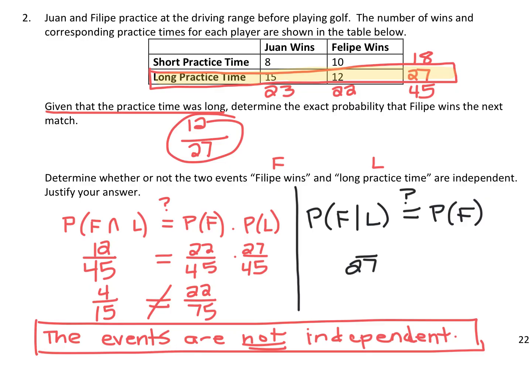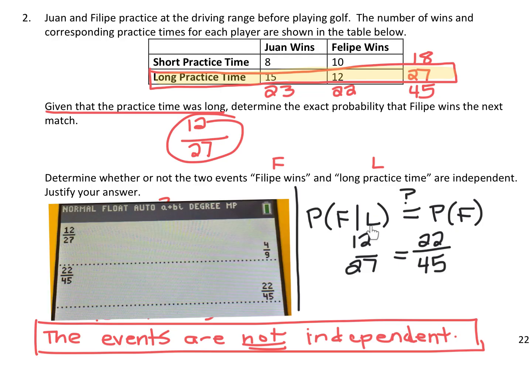And out of those 27 times, the probability of Felipe wins would be 12. So 12 out of 27. And then over here, the probability that Felipe wins, well, Felipe wins 22 times out of the total 45 games. So 22 out of 45.